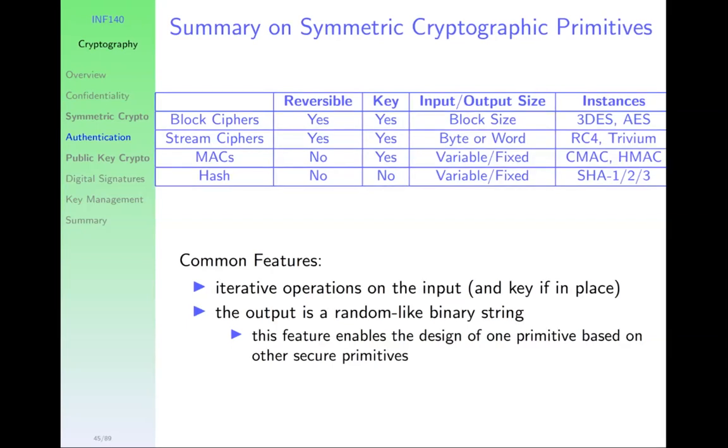If we have secure enough hash functions, then based on some simple operations and modifications, we can use secure hash functions to design a secure MAC algorithm. That's the idea.